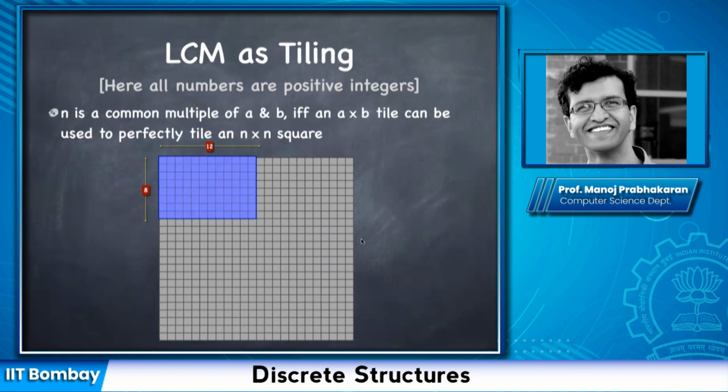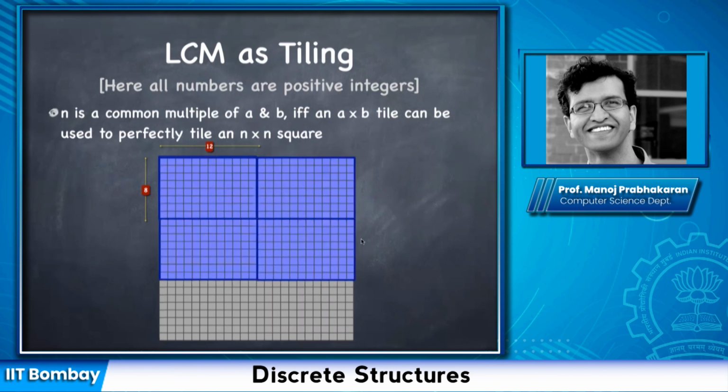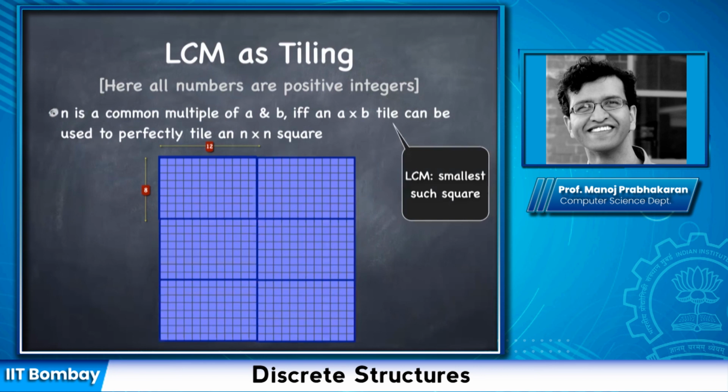What you're interested in is the smallest square grid that can be tiled perfectly using this 8 by 12 rectangle. In this case, there are two copies of 12 along this direction, so that is 24 squares, and this is 3 copies of 8, that is 24. So 24 is the smallest n such that an n by n square could be perfectly tiled using your 8 by 12 rectangle. So 24 is the LCM of 12 and 8.